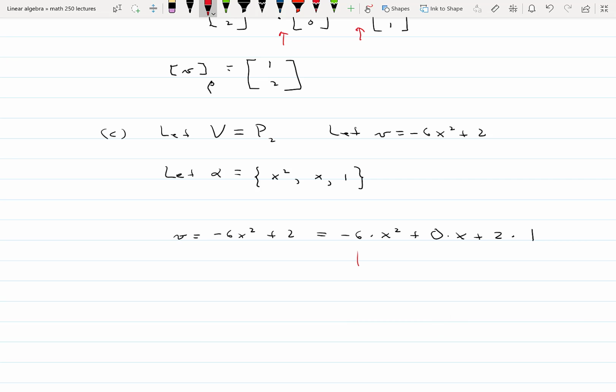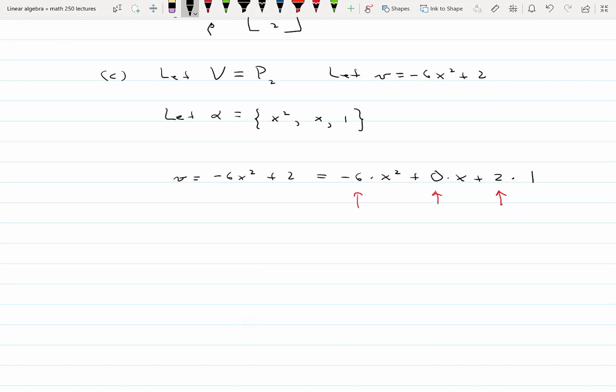So the negative 6 is the coefficient of the basis vector x squared, 0 is the coefficient of the basis vector x, and 2 is the coefficient of the basis vector 1. So the coordinate vector of v relative to the basis alpha is the column vector (negative 6, 0, 2).